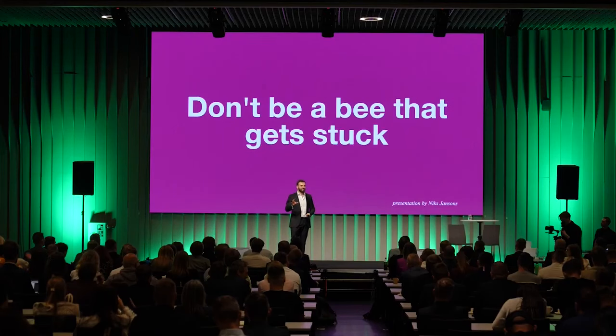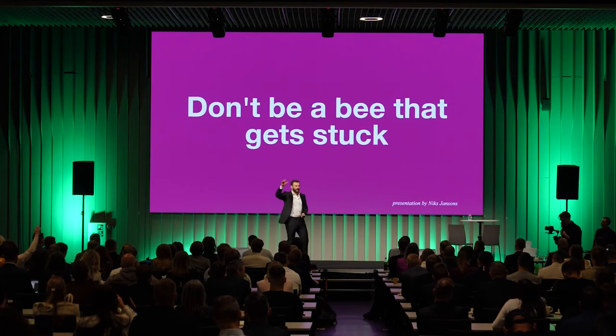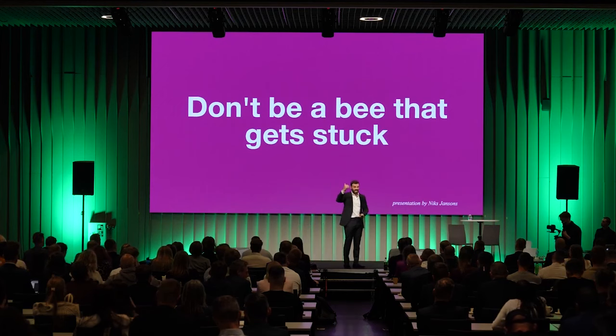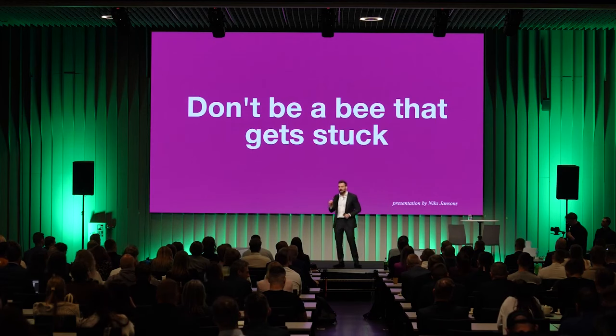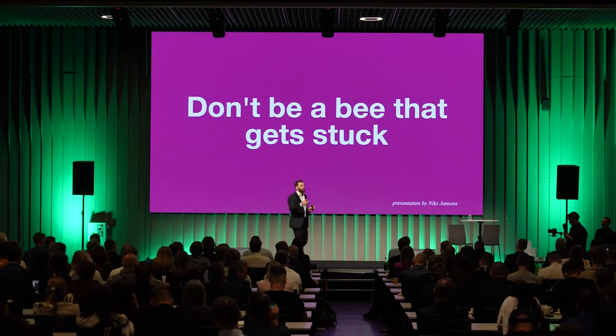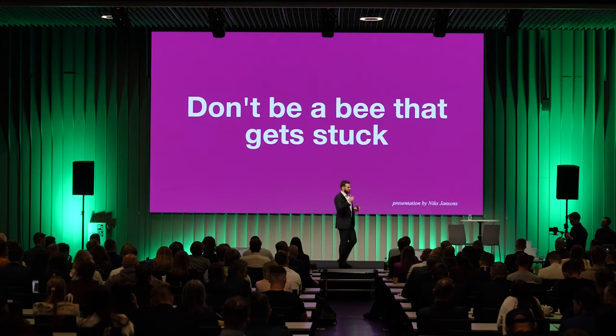Okay? Number 2, there is a thing how you catch bees. Who here knows how you catch bees? Okay, some of you. If you put honey, bees go to honey and they get stuck there because they see honey, they're like, oh my God, sugar, let's go, right? The idea here is you don't want to be a bee that gets stuck based on their emotional drivers. For many of us, an emotional driver is alcohol.